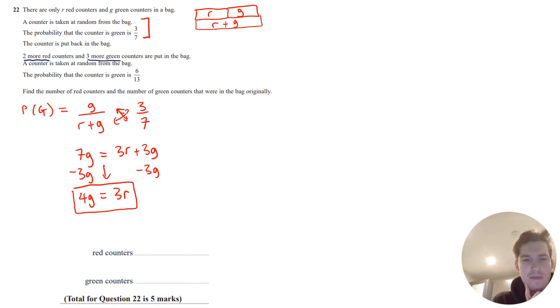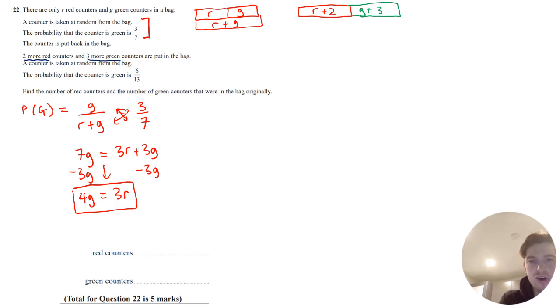Let's think about the number of red counters. I started off with R red counters. Now I've got R plus 2 red counters. And with green counters, I've now got G plus 3 green counters.